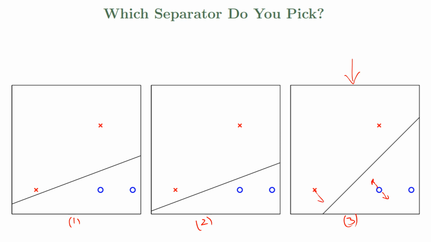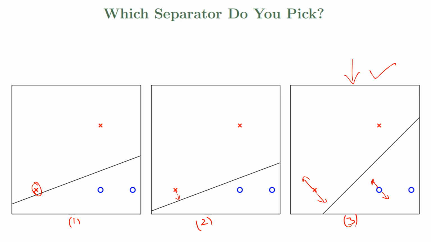In this situation, I think it's this one, because here with a very small perturbation, this point would cross the separator, and similar is the case here for this point. So this was my intuition, and that's why I picked this right one, because I think it will allow a lot more tolerance of error.